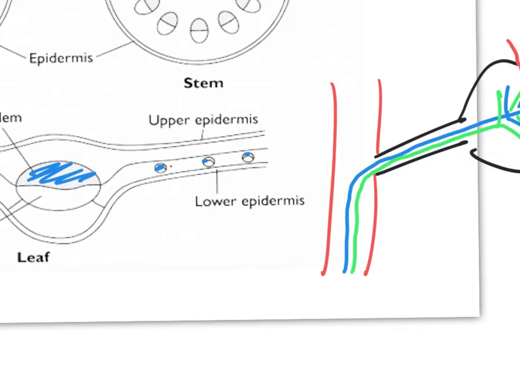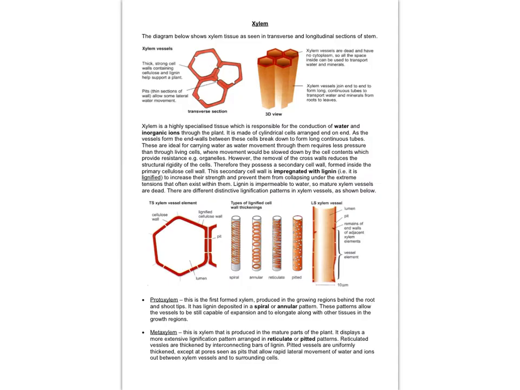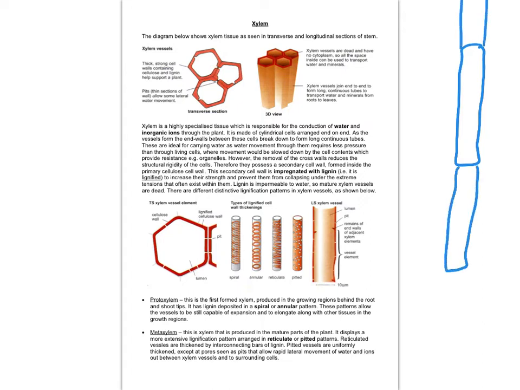Okay. So xylem vessels are large hollow tubes. When the plant was growing, xylem vessels would have started off as big long cells joined end to end. Now, as the plant developed, a substance called lignin is deposited on the walls of these vessels.